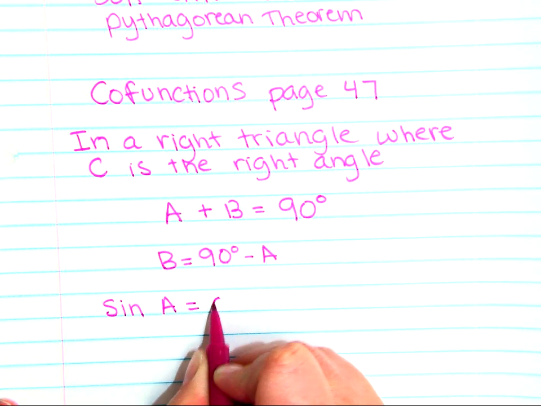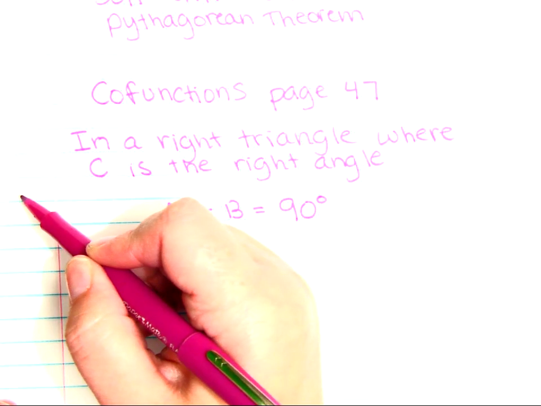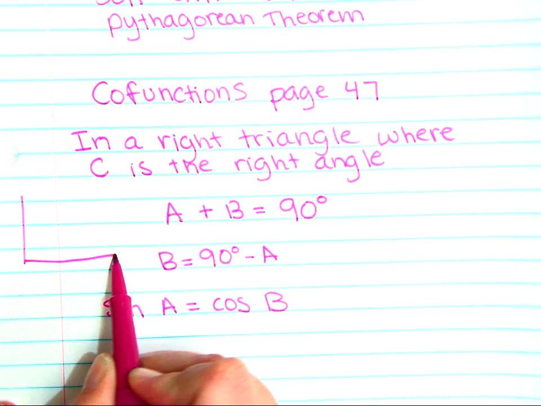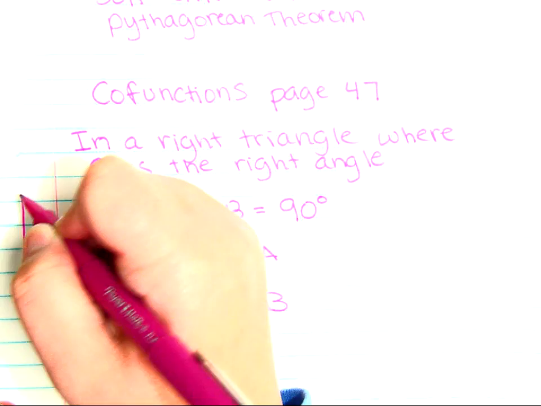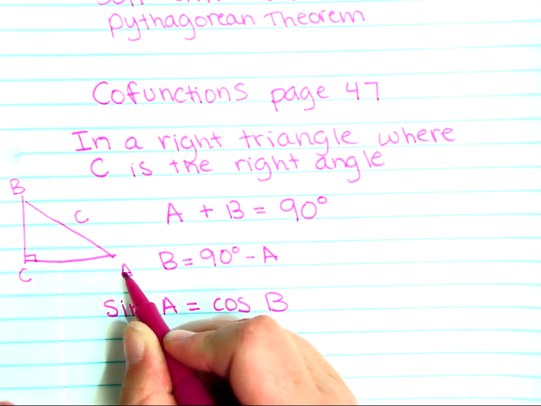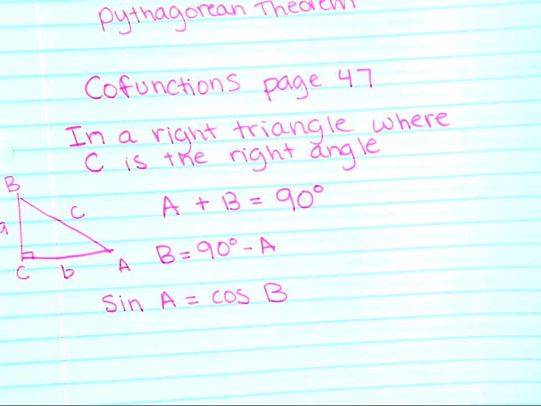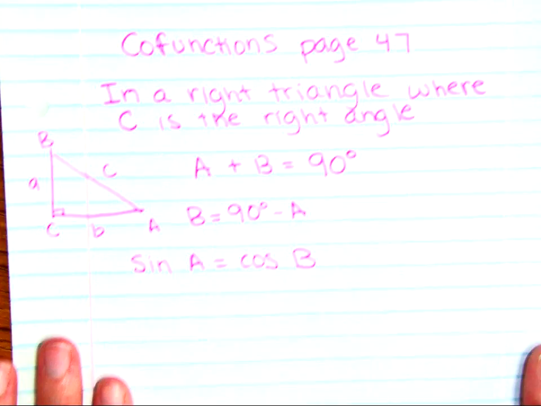If I know that the sine of A is equal to the cosine of B, right? Here's your right triangle. Here's C. We'll put B here, A here. The side opposite of A, side opposite of B. So, we know that these two things are true.